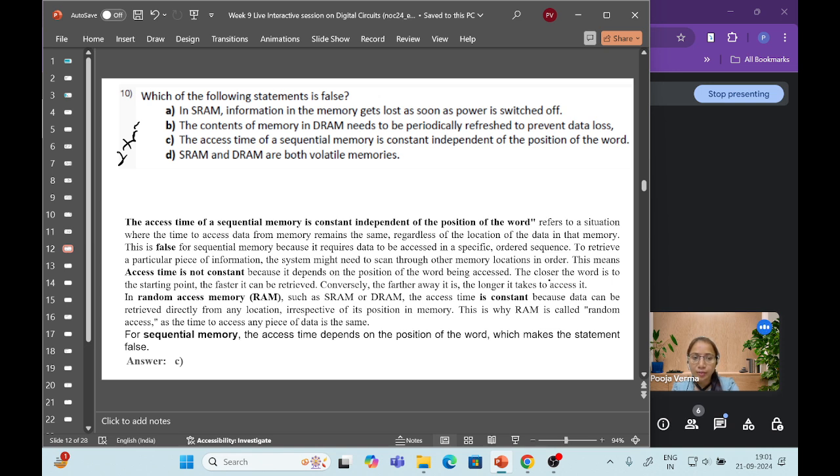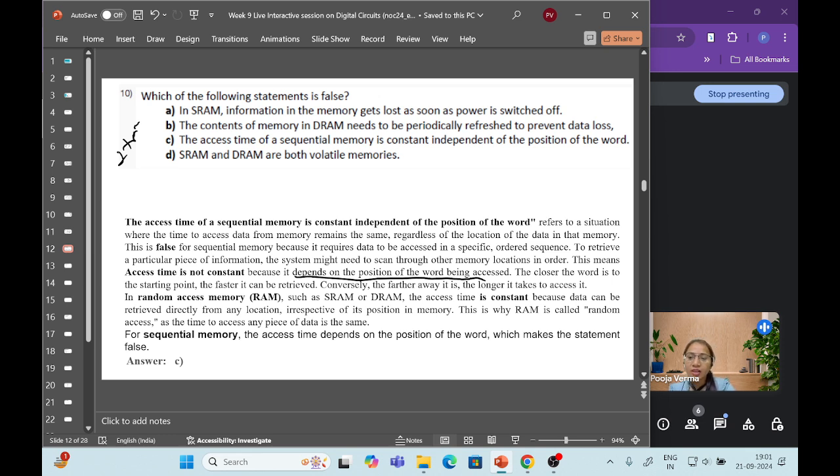That means access time is not constant because it depends on the position of the words being accessed. The closer the data word is to the starting point, the faster it can be retrieved. Conversely, the farther it is, the longer it takes to access it.